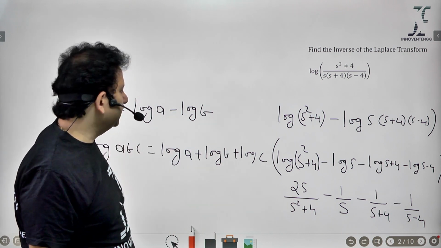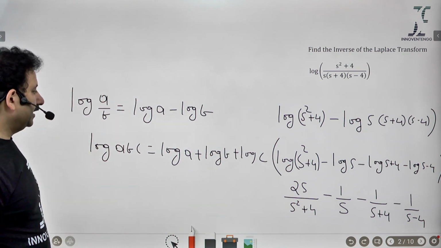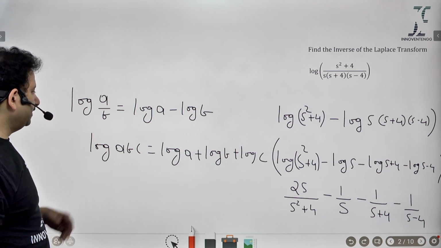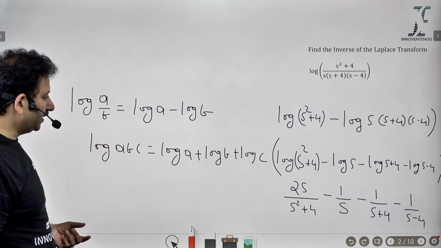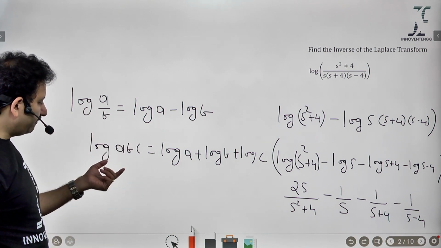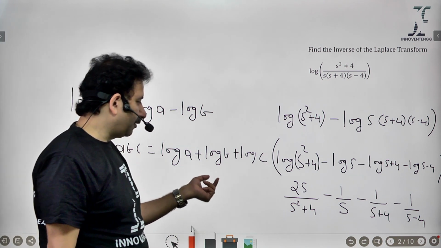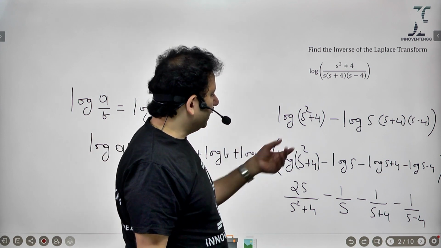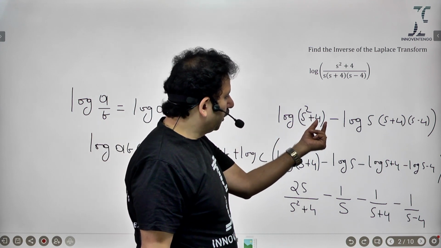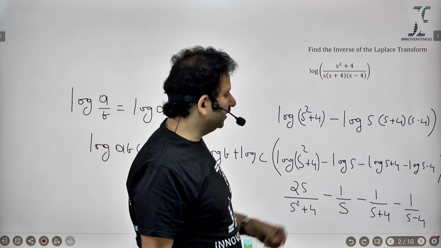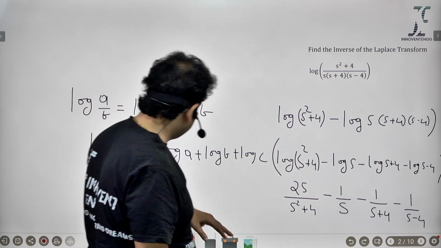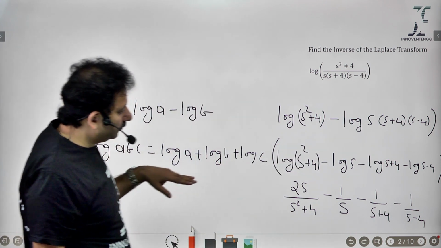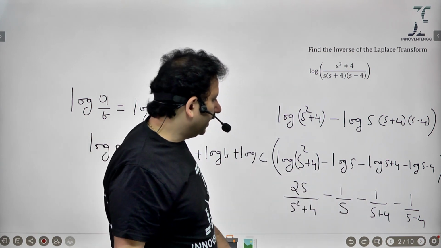First, before differentiation, we used these laws of logarithmic algebra. Log of a by b is log a minus log b. Log of abc is log a plus log b plus log c. And when I implemented that, I got log of s square plus 4 minus log of the denominator term, and the denominator term is of this form, so I could split that into 3 terms.